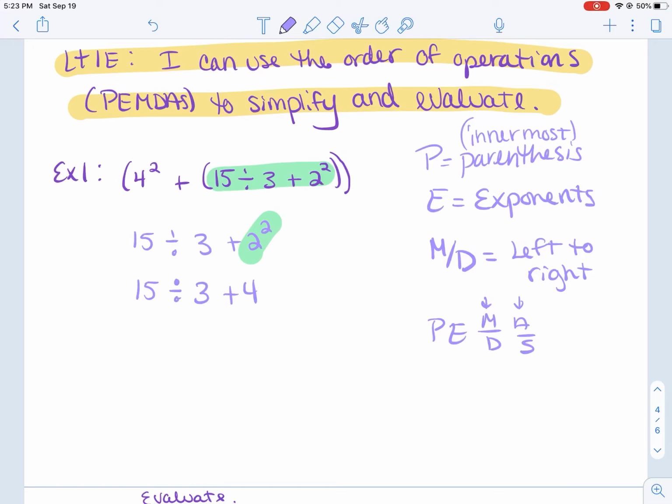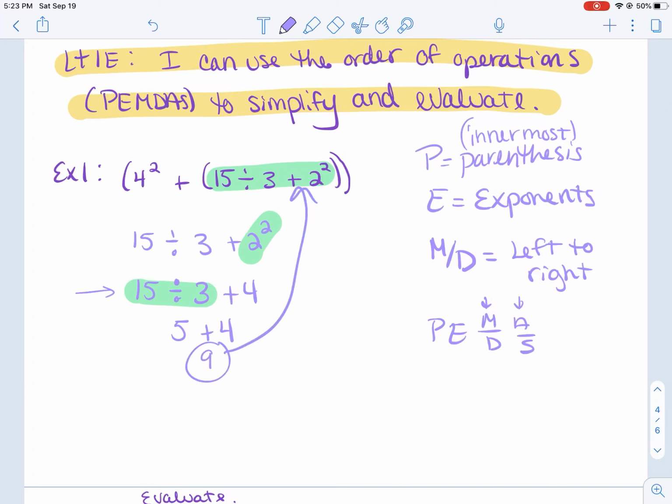They just happen in order from left to right. We don't have to do multiplication before division. So when I get to this line 3, we're looking for multiplication or division, and we see 15 divided by 3. So I'm doing that next, which would be 5 plus 4. And then the only thing left to simplify there would be 5 plus 4, which is 9.